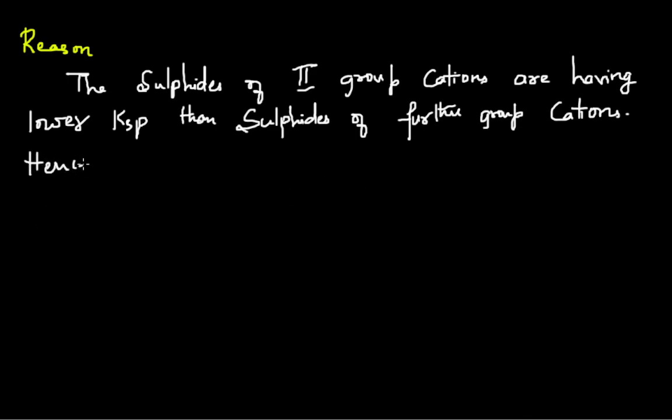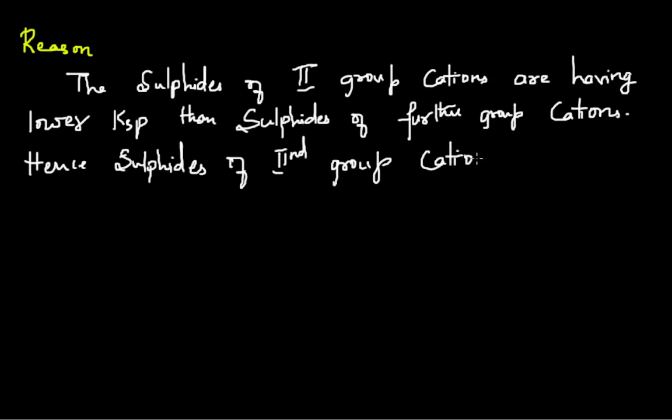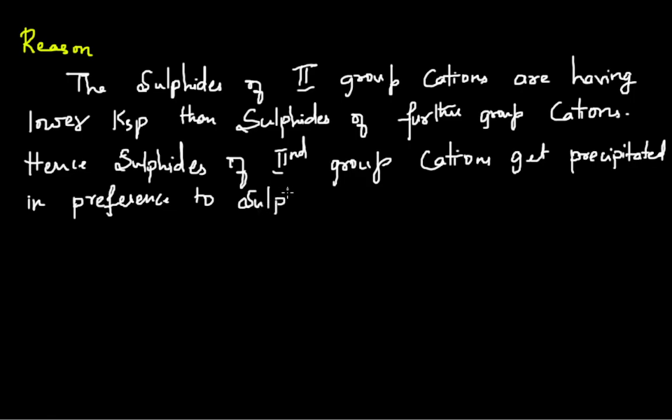Hence, sulfides of second group, second group cations get precipitated in preference to sulfides of further group cations.